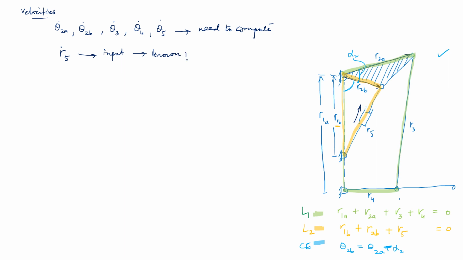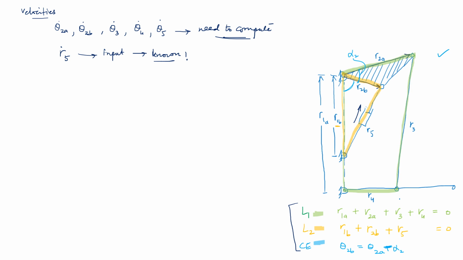You need to realize what the original problem in hand is. Now you have these three equations, you know what needs to be computed, and you know what is already known as input. From this starting point, we can start our journey.